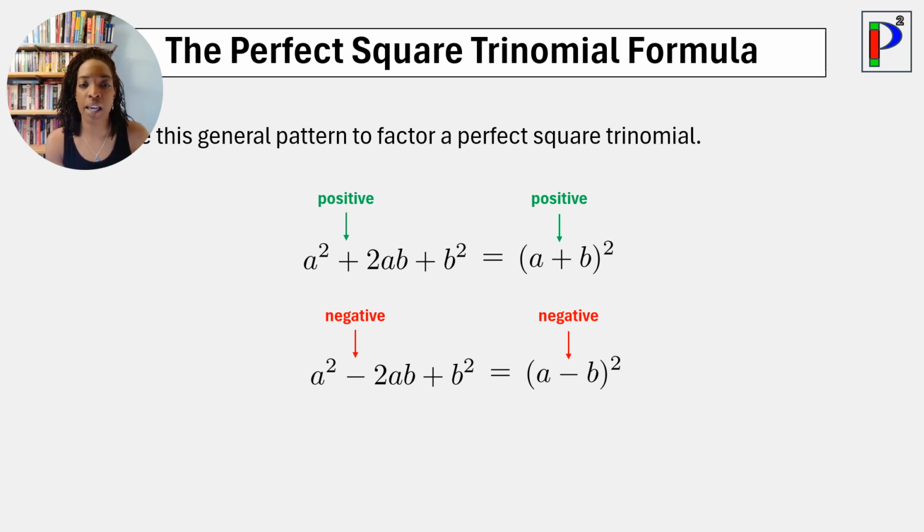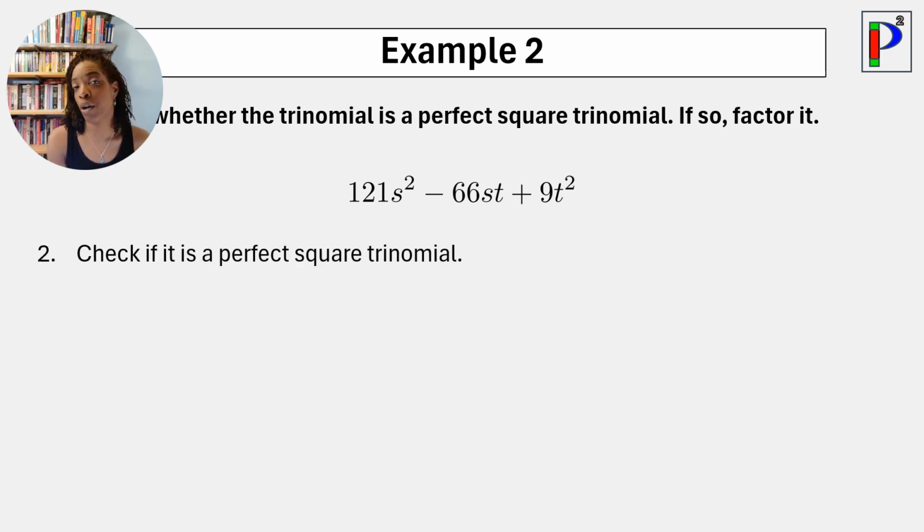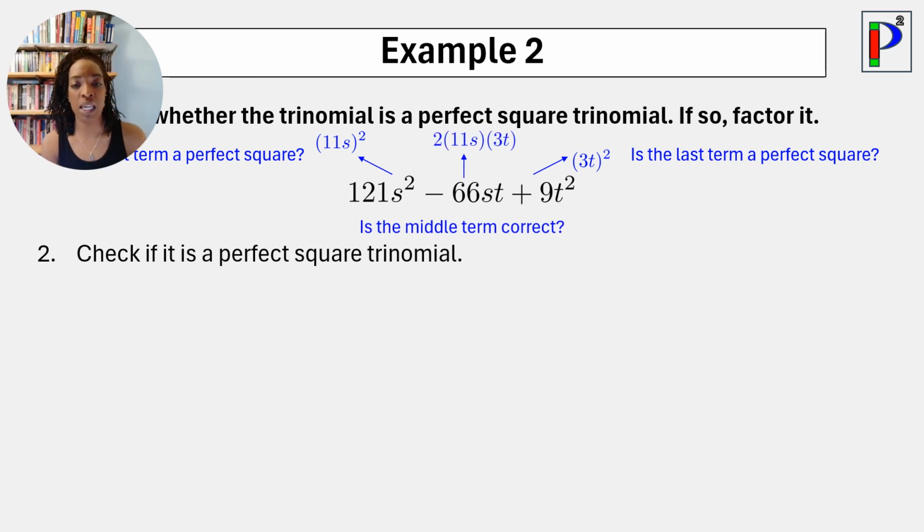Let's try an example together. 121s^2 - 66st + 9t^2. I check for my GCF. Since I don't have one, I'll check to make sure that this is a perfect square trinomial. 121s^2 is (11s)^2. 9t^2 is (3t)^2, and my middle term is 2 times 11s times 3t.